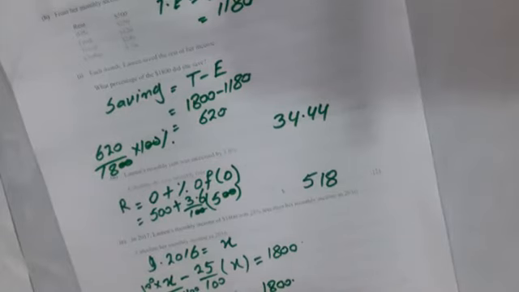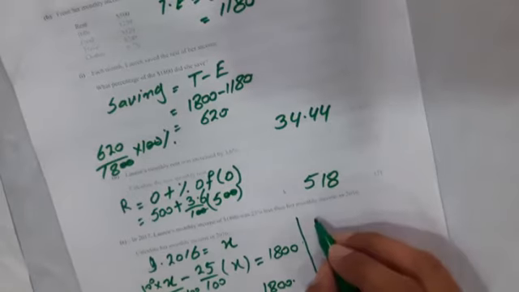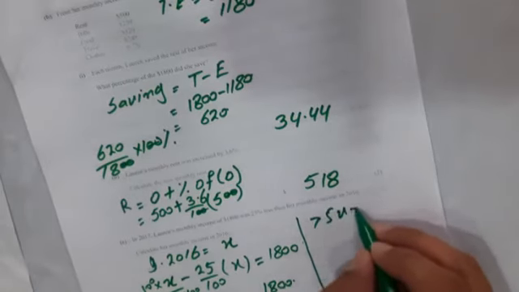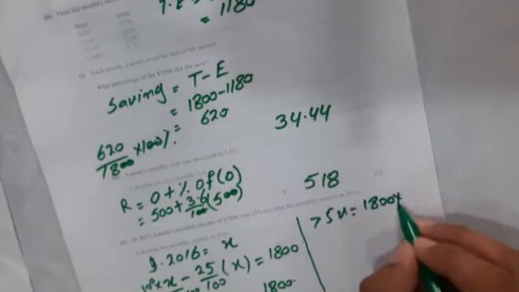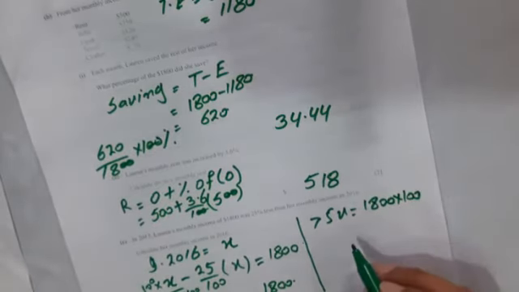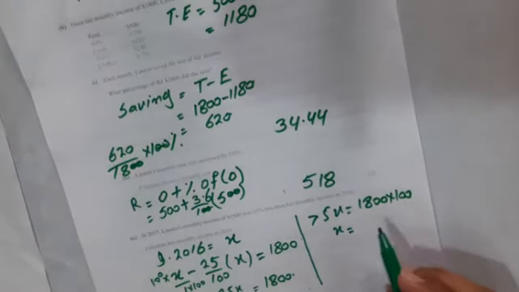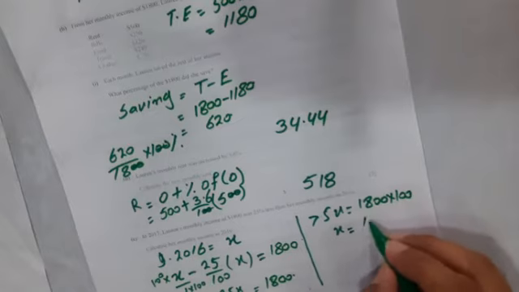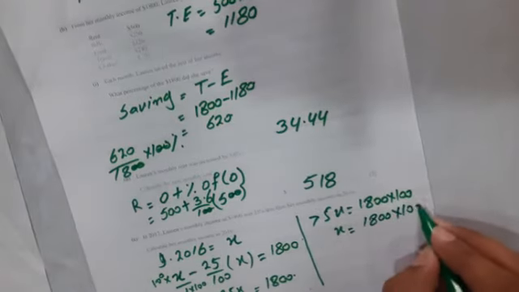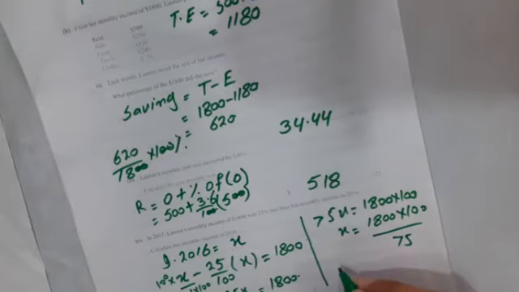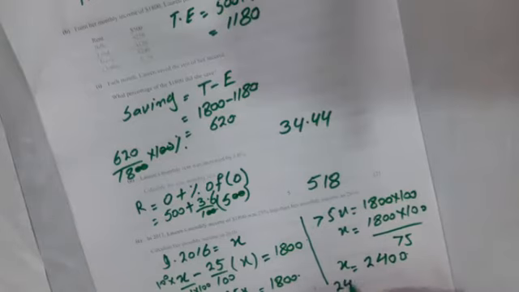We will cross multiply, so 75x is equal to 1800 times 100. We divide by 75 on both sides, so x is equal to 1800 into 100 divided by 75, which will be equal to 2400. So in 2016 his income was $2400.